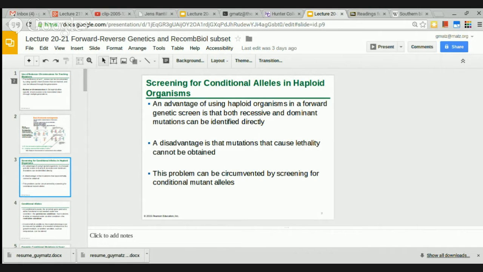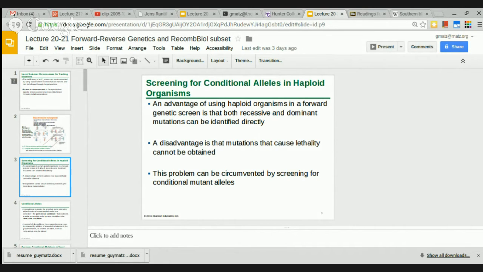So you can first put your mutant colonies onto media that has full growth media available, and then you can replica plate them into media that is more restricted, and in that way identify genes that are important to the production or the ability to survive in the absence of that particular enzyme or amino acid or something of that sort.